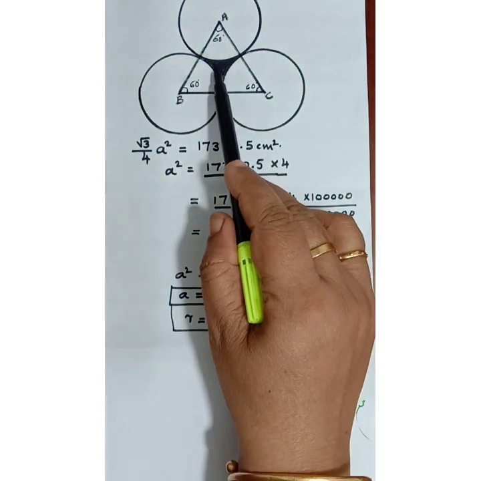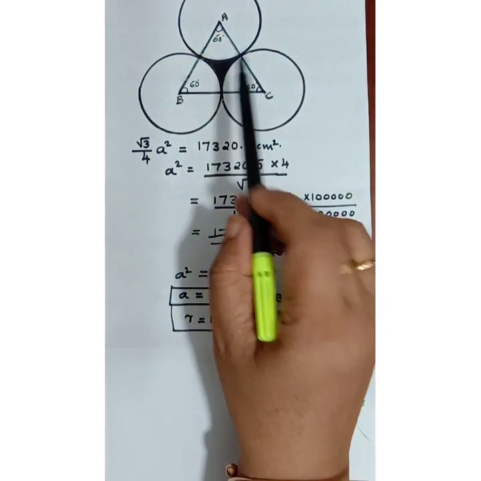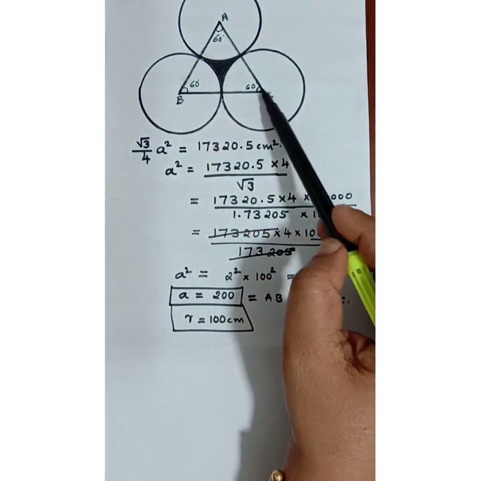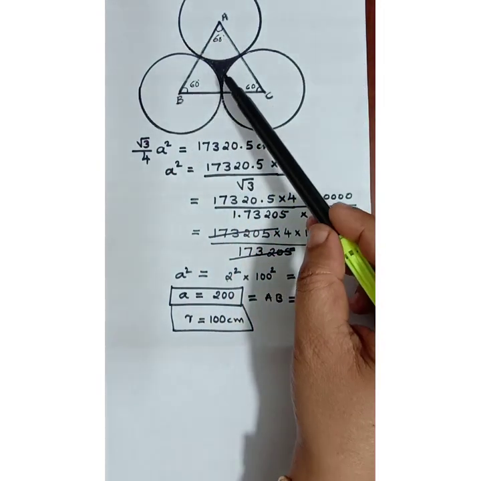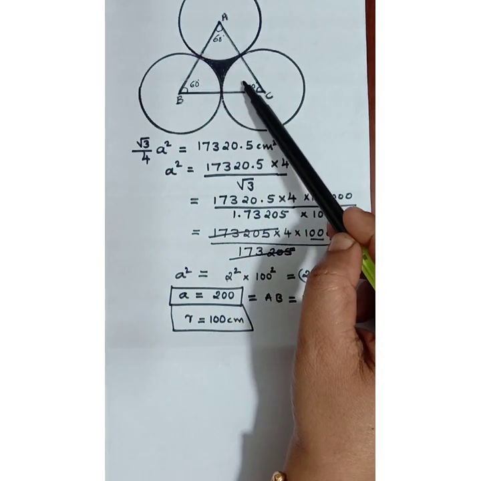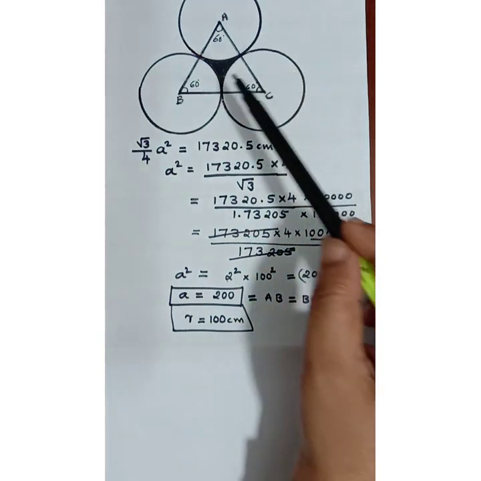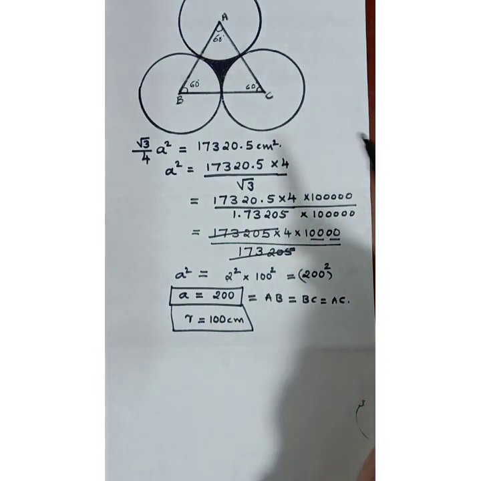So how to get this shaded region? That is area of equilateral triangle ABC minus 3 into area of sector. 3 sectors are there. They are equal.